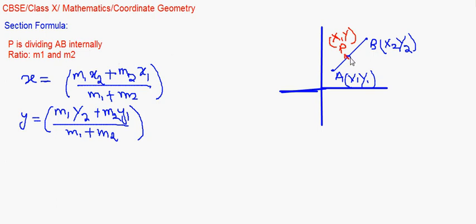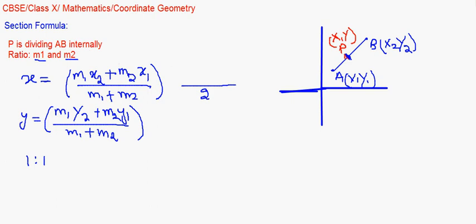Suppose this point is the midpoint of AB. In that case, what happens? That means the ratio M1 and M2 becomes 1:1. So if you replace it here, M1 plus M2 becomes 2 in both cases. You replace M1 with 1 and M2 with 1 again.